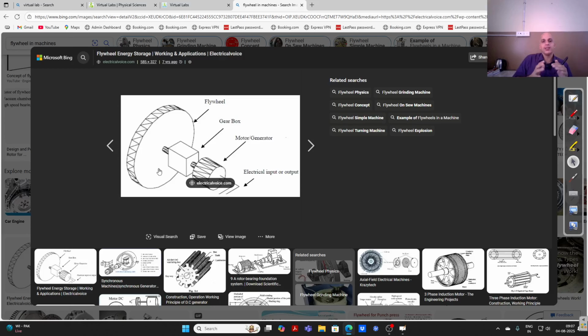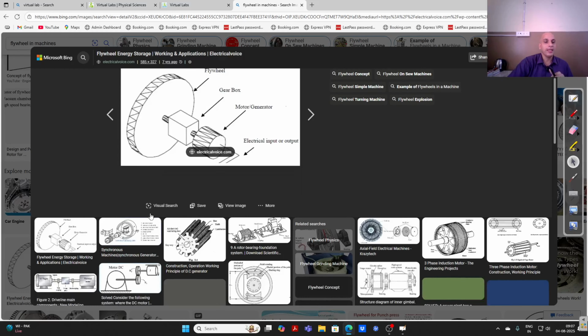So due to this, the power that is transmitted to, for example, the tires of the vehicle, remains uniform. It does not contain jerks. Or even when you are using it in any kind of engine, the main purpose of it is to maintain the smooth motion.